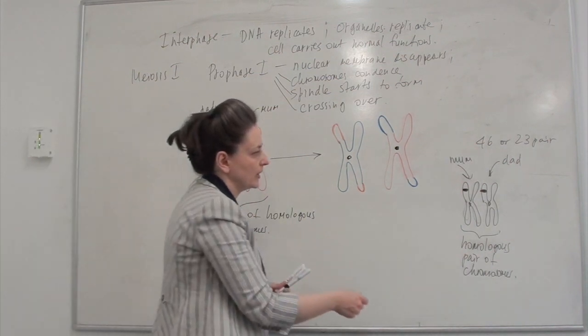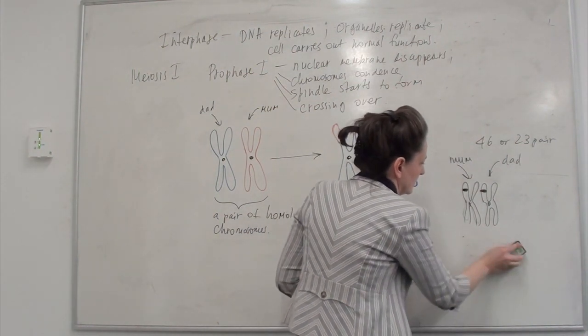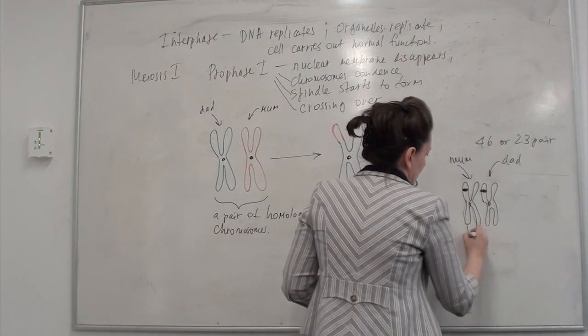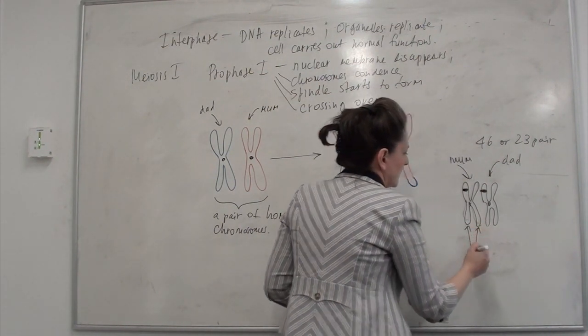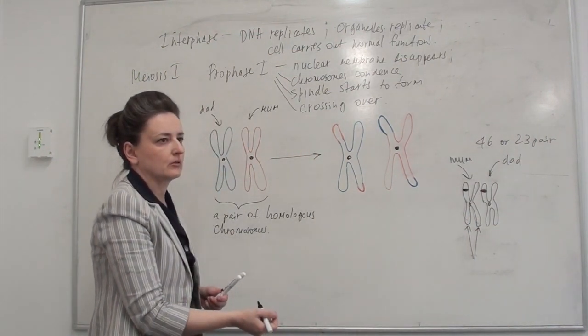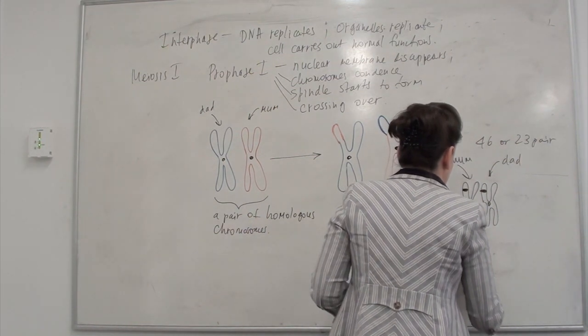So again, going back to that picture, let me just free up a bit of space here at the bottom. So if I draw arrows pointing to this and this bit, what are these two bits called? Sister chromatids, absolutely right.